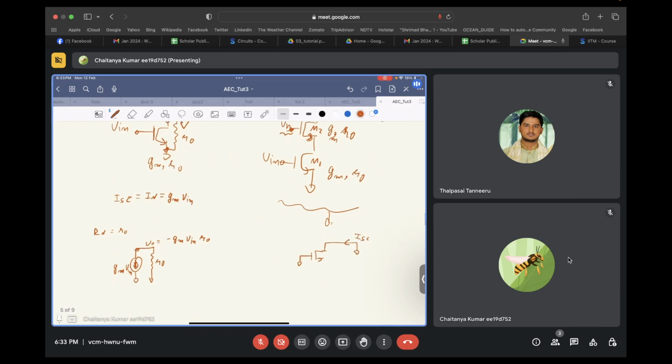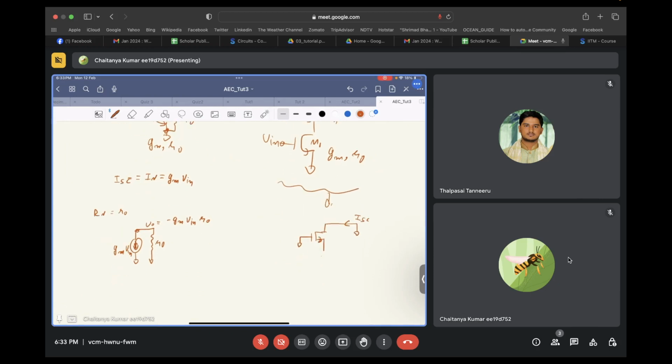The current source, of course, will become open circuit. Okay. So this will be our circuit when we need to find out small signal analysis.